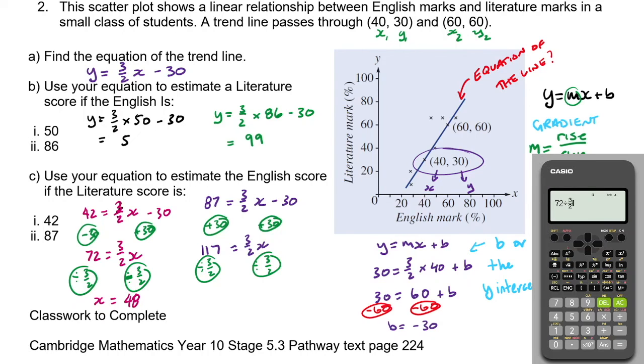So here I'm going to change my 72 by going all the way back and getting rid of that 72. Type in 87. And I get 58 this time. And that's how it all works.